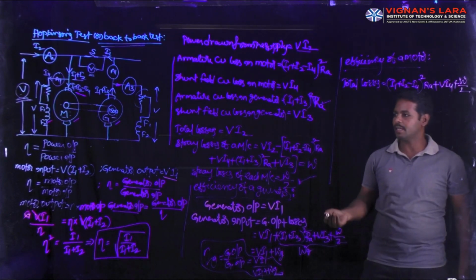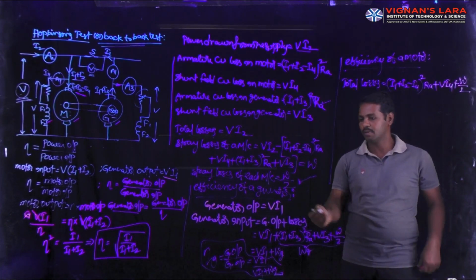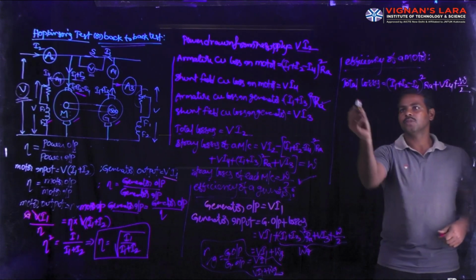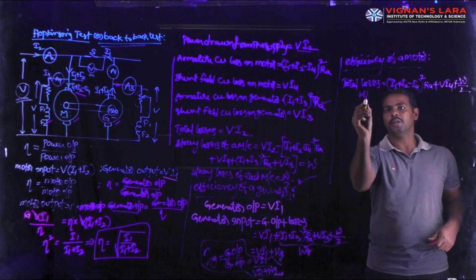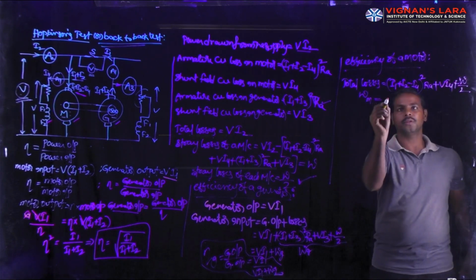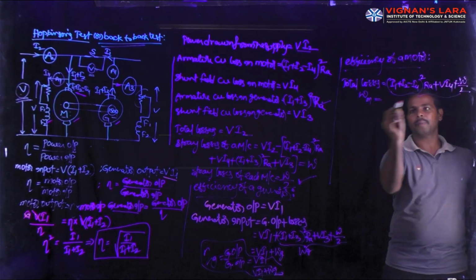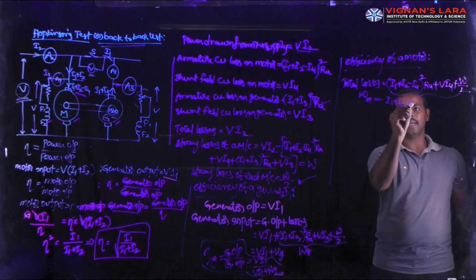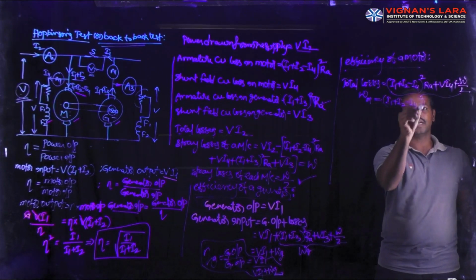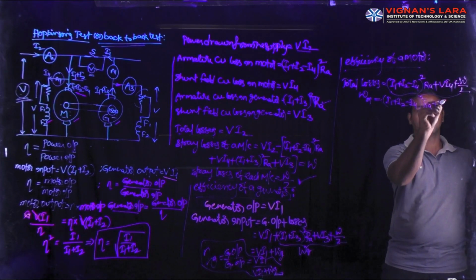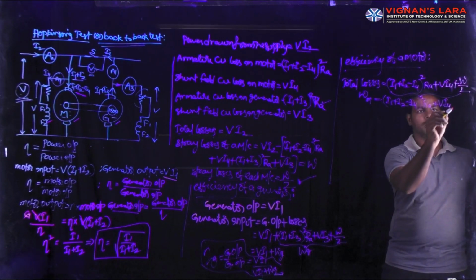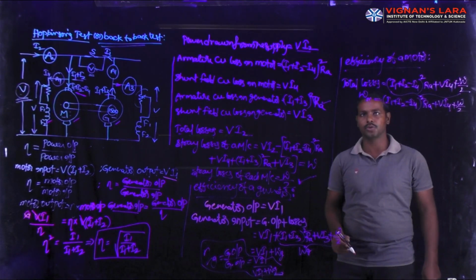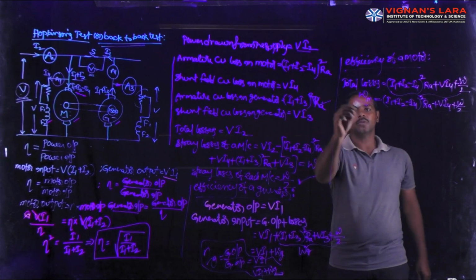Either generator or motor, both are the same because they are identical machines. The total losses are denoted by WM, equal to (I1 plus I2 minus I4) whole square into RA plus V into I4 plus W divided by 2.